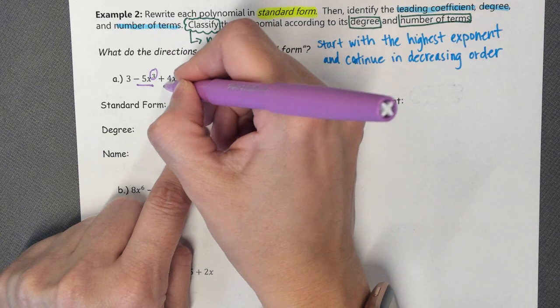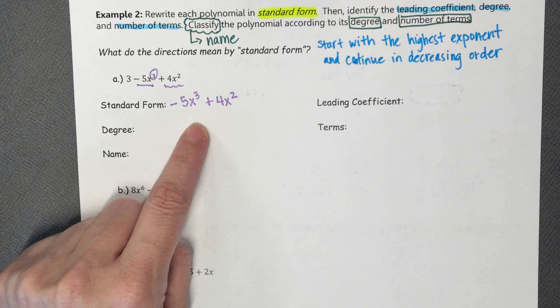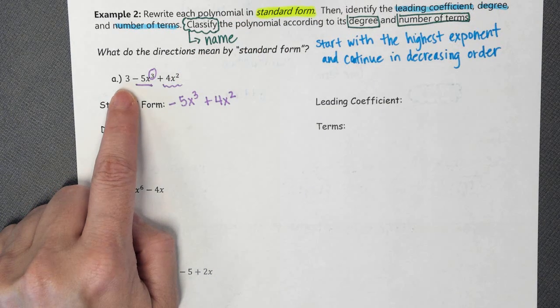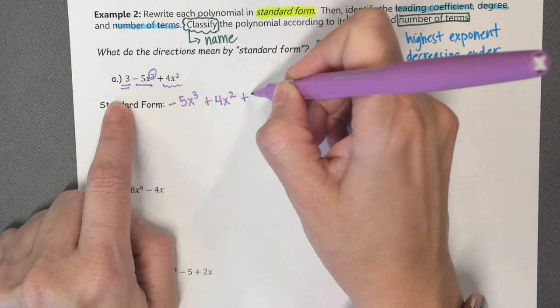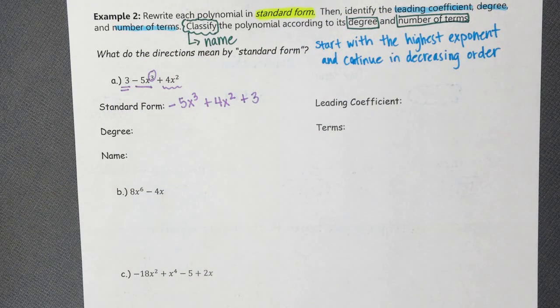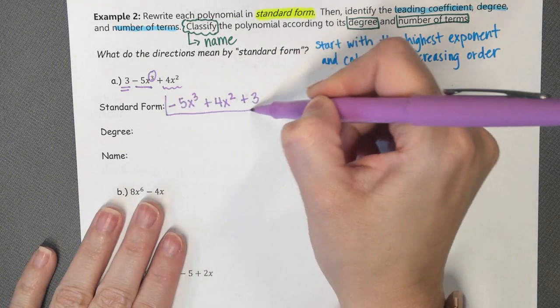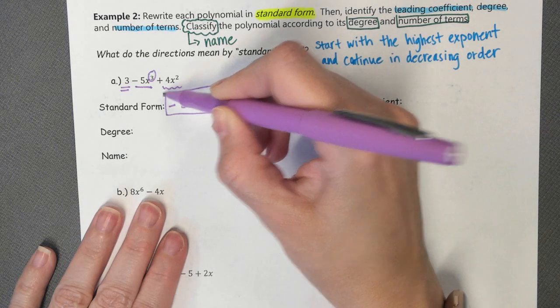Okay, so this is your second term. And then your last term is the 3. It's a positive, so I'm going to put a plus in front. Okay, so this is your answer for standard form.